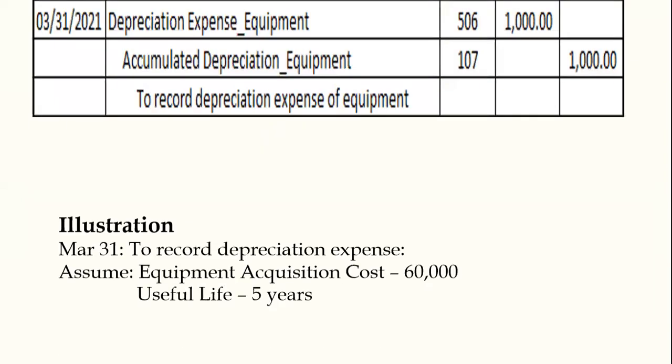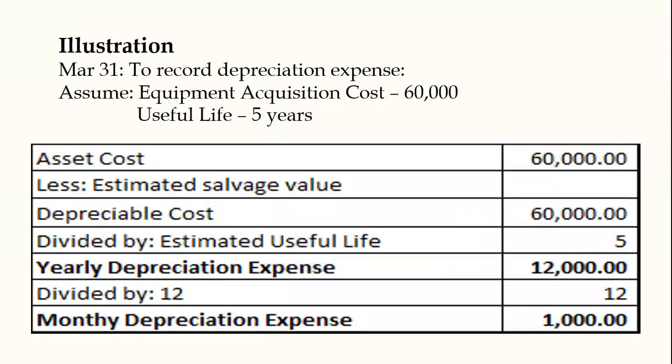So paano nangyari? So asset cost is 60,000. Wala tayong ibinawas since walang salvage value. So 60,000 pa rin ang depreciable cost divided by the 5 years useful life. So 12,000, that is the yearly depreciation expense. So divided uli natin by 12 since we are looking for monthly depreciation expense.